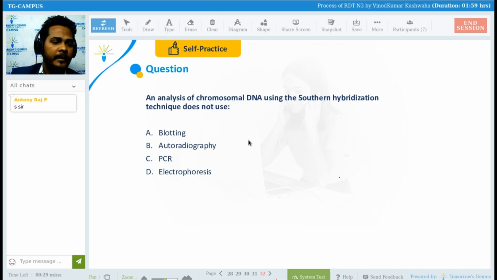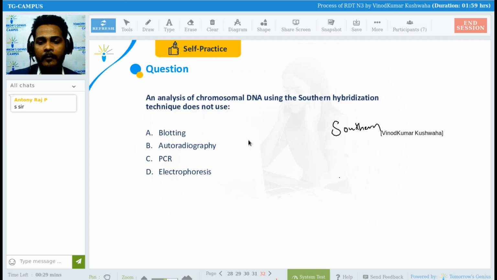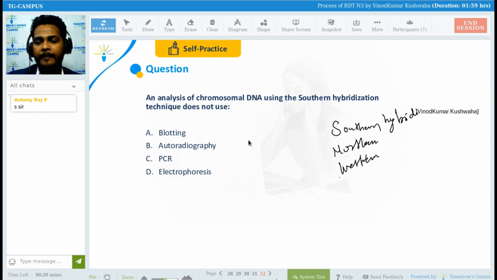It was in the DNA fingerprinting part of the fifth chapter, sir, molecular basis of inheritance. Okay, okay. See, here it is mentioned as Southern hybridization; there are Southern, Northern, and Western. Please remember Southern, Northern, and Western hybridization.